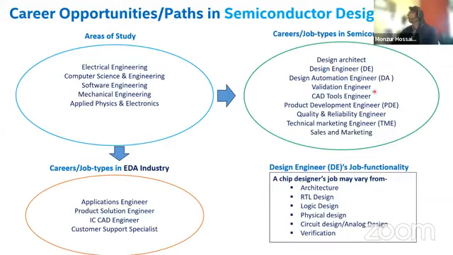Design architect, as I showed you in the beginning, is the person who writes the architecture of the chip, right? Design engineer, a lot of different design engineers. Design automation engineer, validation engineer, CAD tools engineer, product development engineer, we call PDE, quality and reliability engineer. There are technical marketing engineers, sales and marketing folks also needed. So if you study any of these, you can get any of these kinds of jobs with a little bit of training, and tools training and some other skills, right?